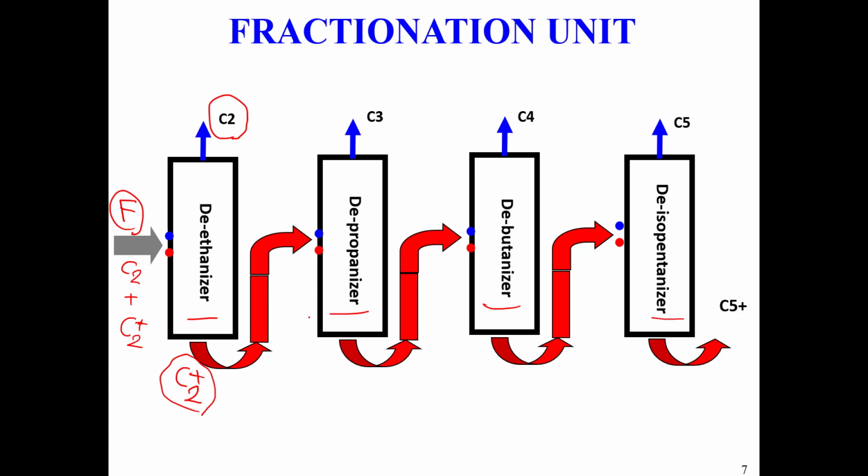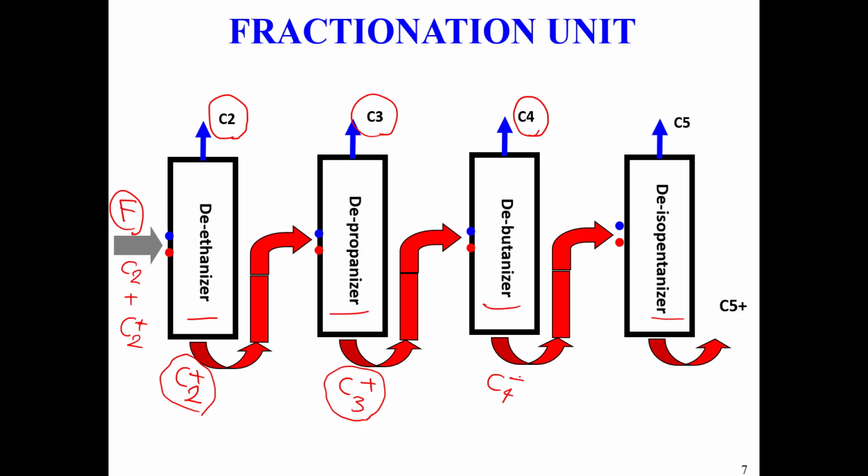Then C2+ goes to the De-propanizer. In the De-propanizer, we separate propane from anything heavier than propane. Then the stream that is mostly heavier than propane we send to the De-butanizer, where we separate butane from anything heavier than butane.